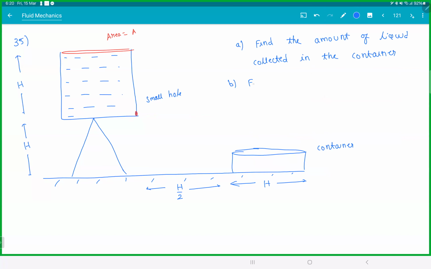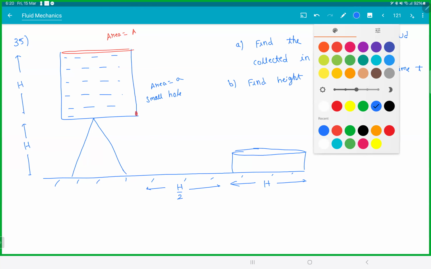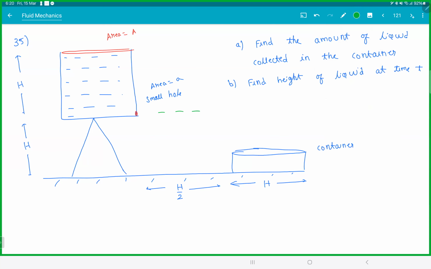Second part, find height of the liquid as function of time t. It's a small hole. Small hole's area is small a. So just to give you a little thing, this is how the liquid will keep on decreasing its level. Got the diagram?